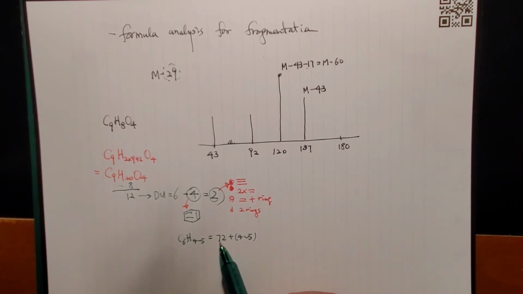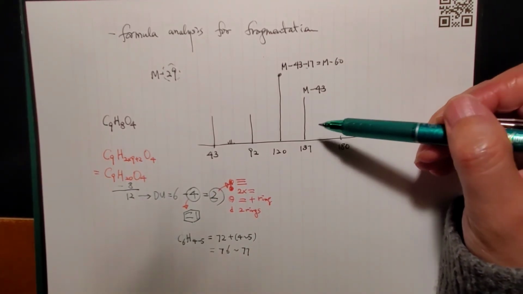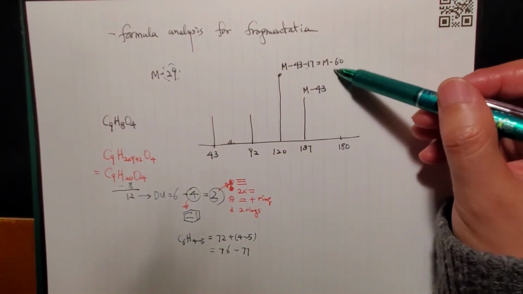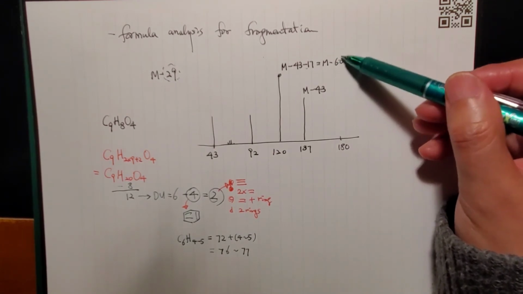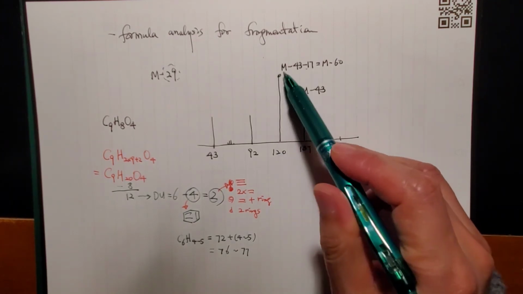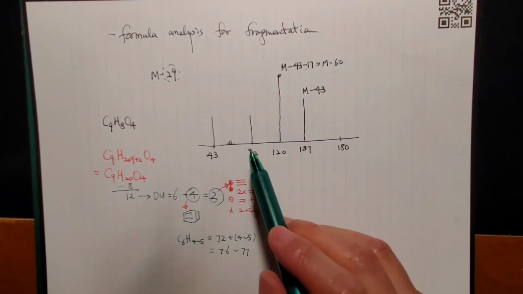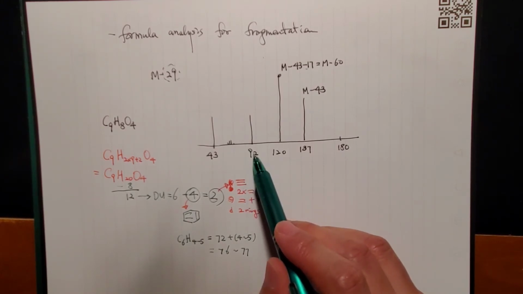So 70 plus 4 to 5, that would be 76, 77, who knows, plus minus 1 or 2, right? And the closest number is 92. So definitely it's not the case of losing 60 and the benzene is part of the 60. It's not the case. This is including benzene in it, okay? And also this must be including benzene in it.